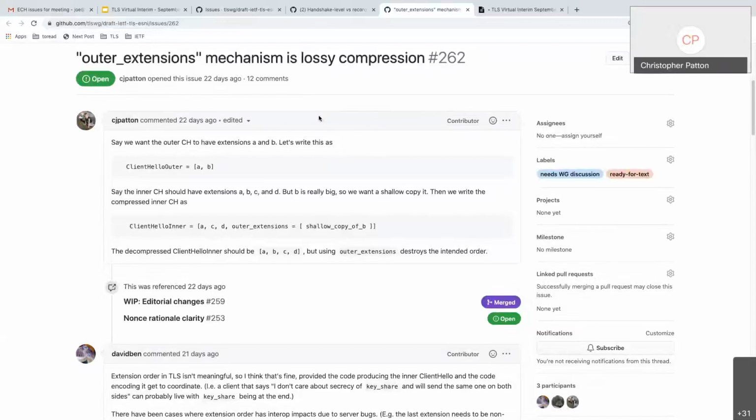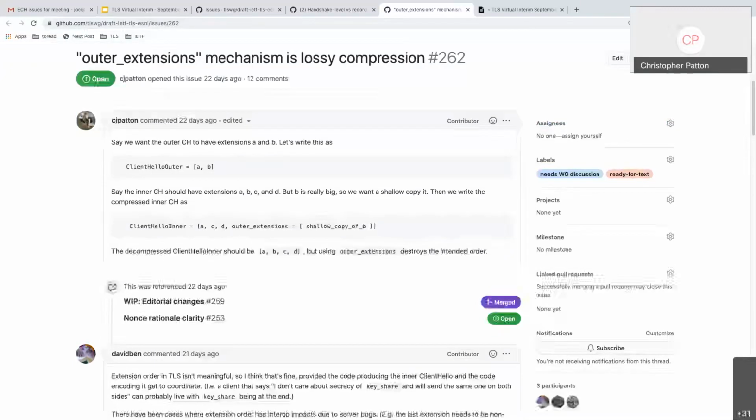So basically, I'm worried about ossification around extension order on the client side. So that's the issue. I think that people generally seem to agree that that's a safe thing to do. I forget if you chimed in on this issue or not.